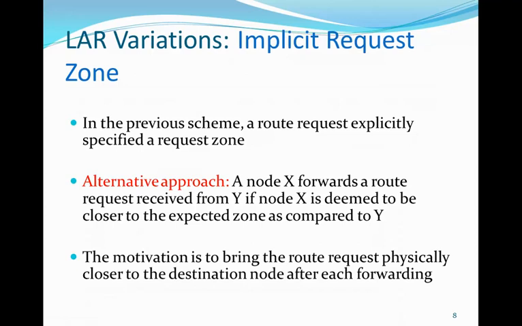Another approach is where a node X forwards a route request received from Y if node X is deemed to be closer to the expected zone as compared to Y. So now here, every node knows its own position, as well as the expected location of node D. Therefore, it will only forward a packet once it comes to know that it is closer to the destination node, and its forwarding will definitely help this packet to reach the destination node.